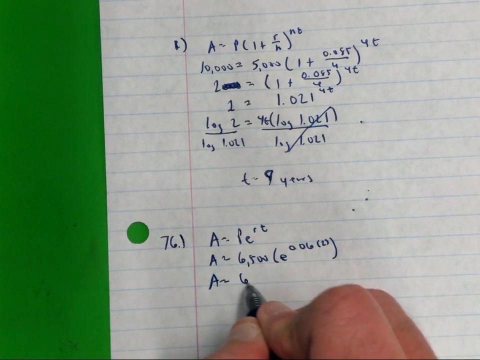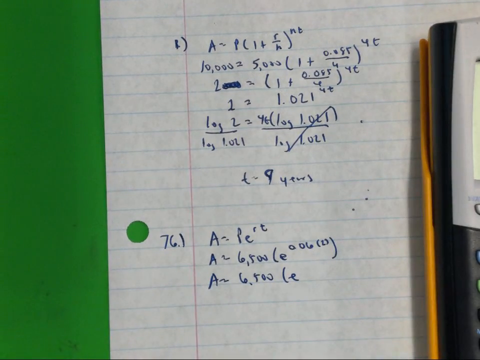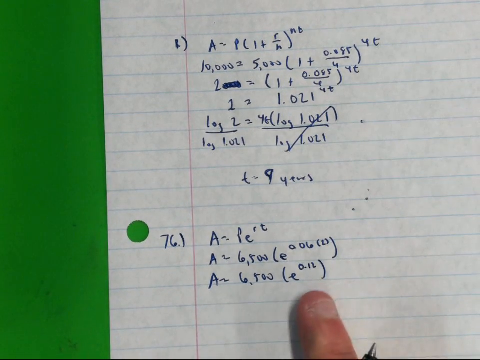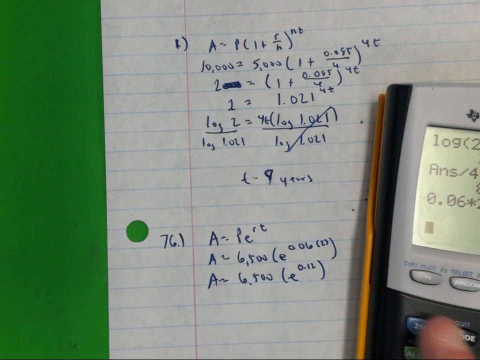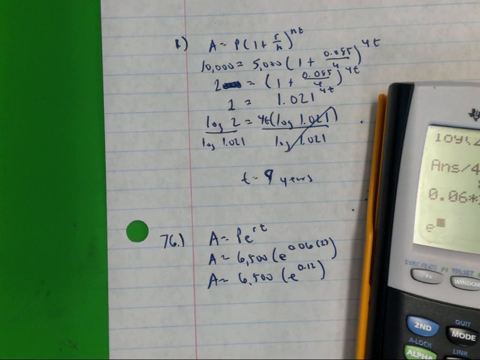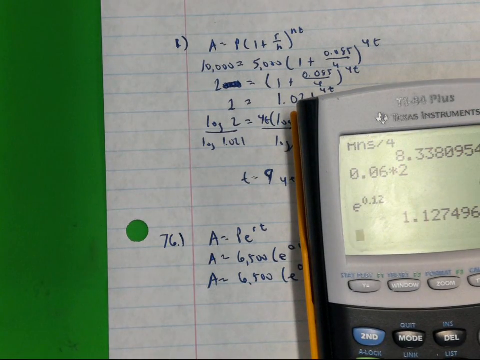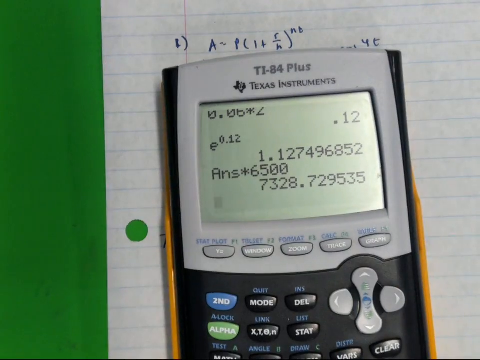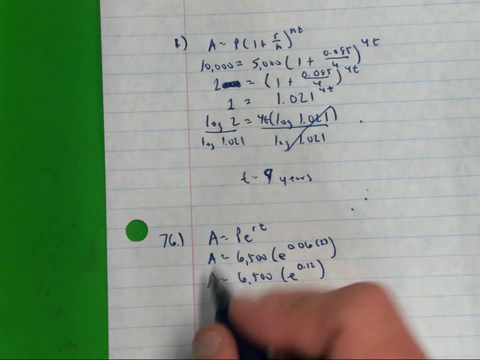Now, A equals 6,500. I have to find out what it is. 0.06 times 2. So now I'm going to find E to the 0.12 and then multiply by 6,500. So there's that. Now times 6,500. So I got $7,328.73.